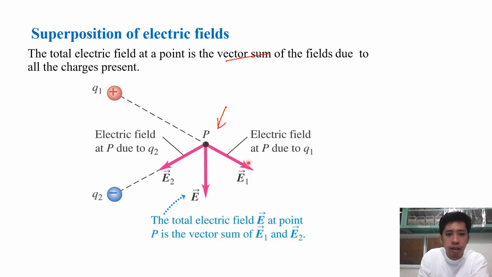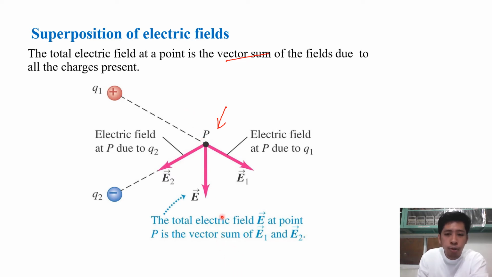For a negative charge, it is radially inward, directly towards the negative charge. So you have electric field E1 for Q1 and electric field E2 for Q2. The vector sum of these electric fields is the net electric field experienced at the field point P.